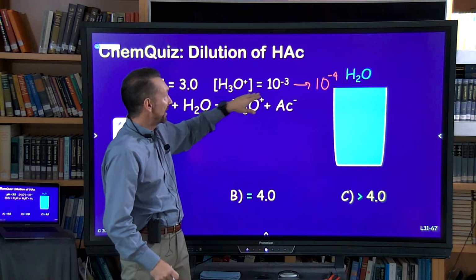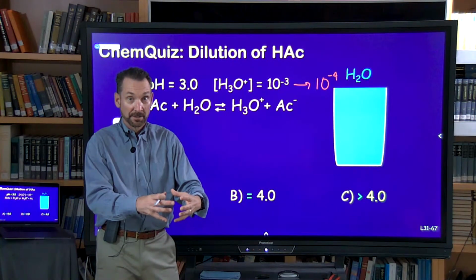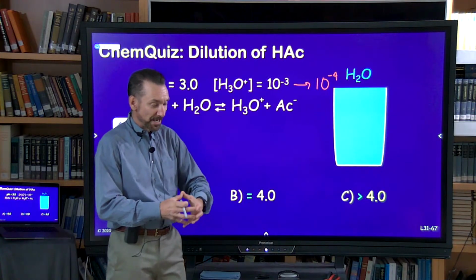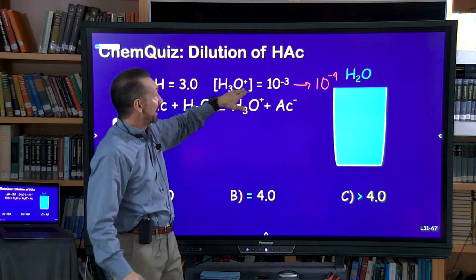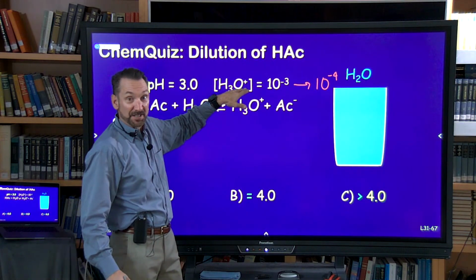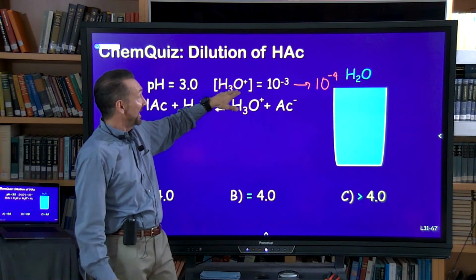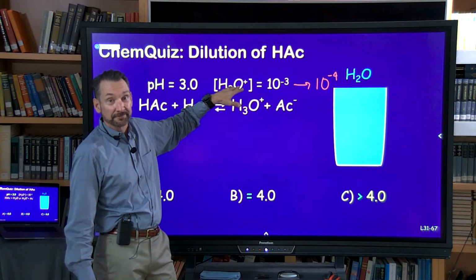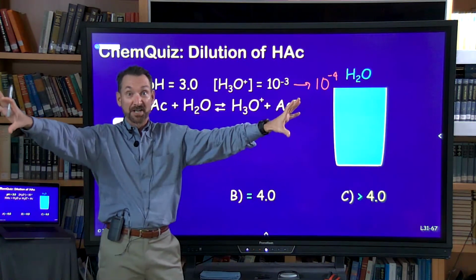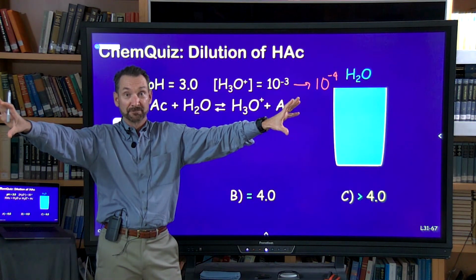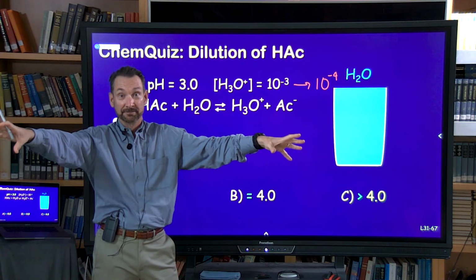It made 10 to the minus 3 moles of H3O+ in your liter of water, and the pH was 3. Then you added 10 times the amount of water. You went up to 10 liters, and that concentration went down by a factor of 10. There was nowhere else to get any more H3O+ because the HCl totally dissociated. It blew its whole wad to start with. Done. Strong acids are exciting, but then they're done.